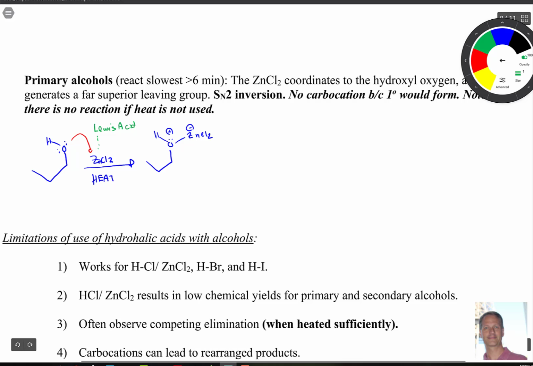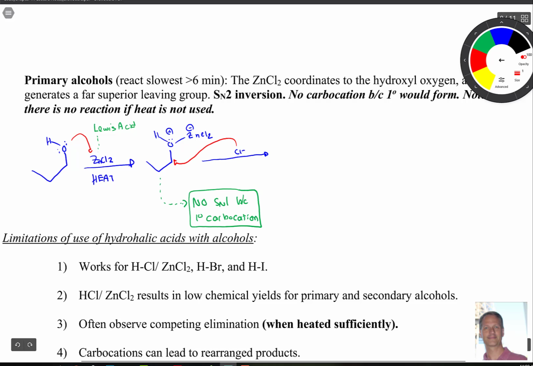Now SN1 reactions are faster than SN2 reactions. And this would lead to the formation of a primary carbocation if it proceeded through SN1. So let's just say no SN1 because of primary carbocation. So that's why that's a slow reaction. Instead you just let it sit around, and it would proceed with an SN2.